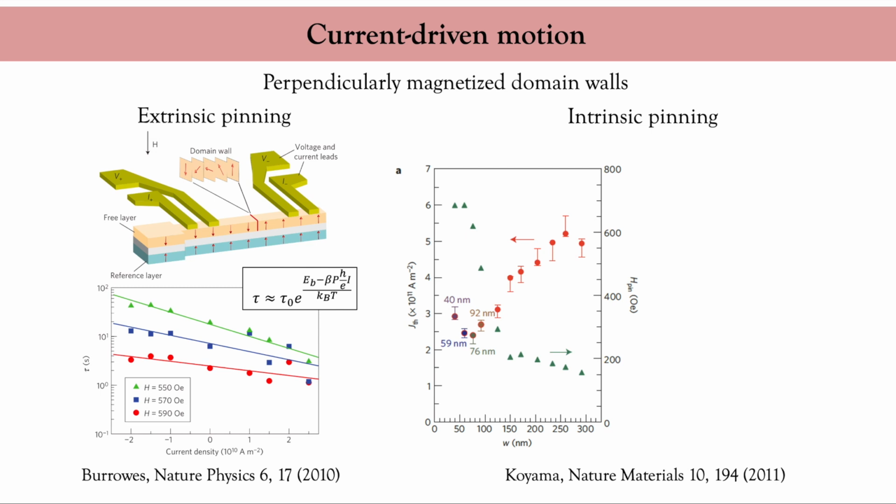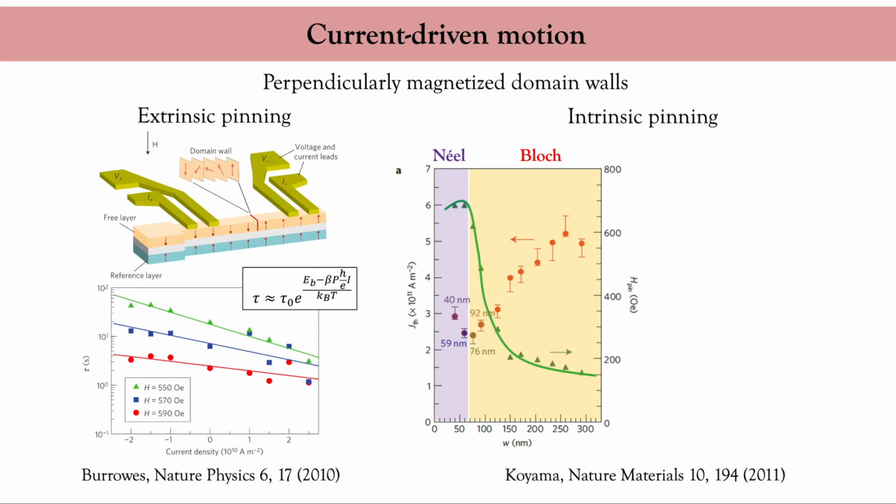So for a narrow wire, the Néel wall is favored, and for a wide wire, the block wall is favored. In addition, upon increasing the width of the wire, the magnetic field that you need to depin the domain wall decreases continuously. So one expects that the current threshold should also decrease when increasing the width of the wire.